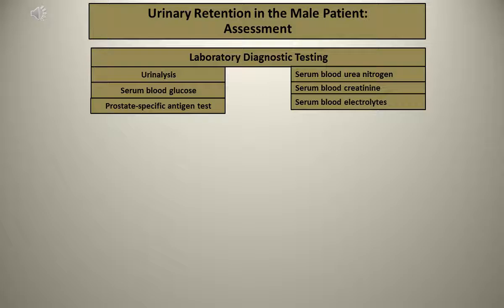It may be elevated in benign prostatic hyperplasia or BPH, in prostatitis, and in the setting of an acute urinary retention situation.